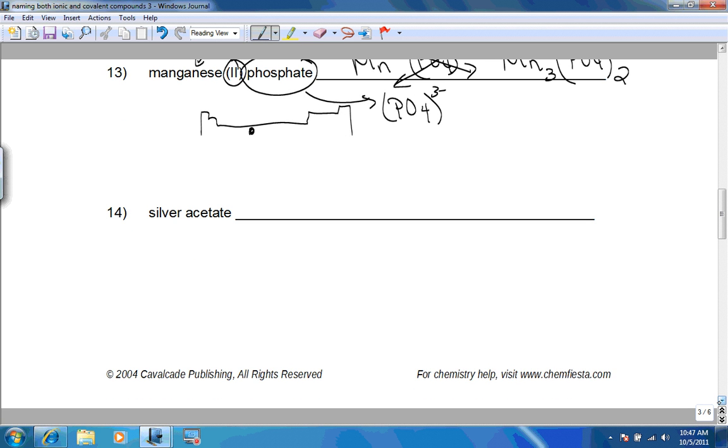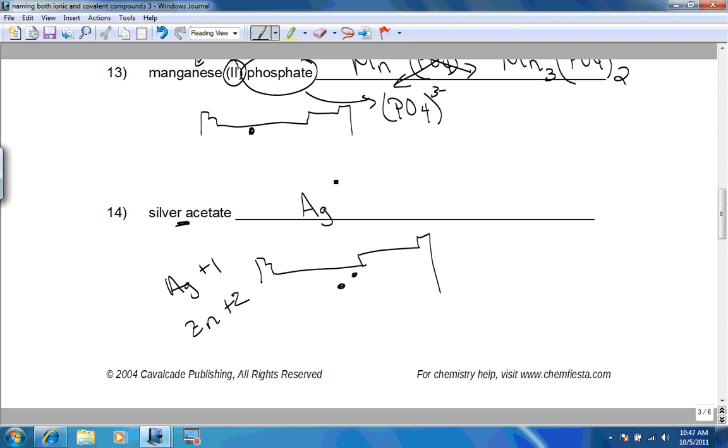Silver acetate. Silver is one of the 2 transition metals that actually do not change their charge. Ag is here, and zinc is here. Ag is always a plus 1, and zinc is always a plus 2. Because of the fact that they don't change their charges, we don't need to have a Roman numeral there.